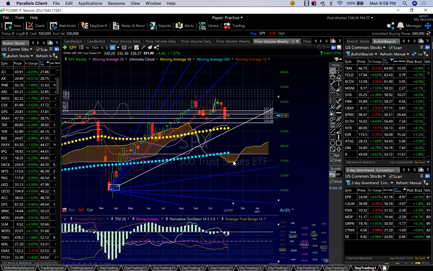As we all know, lead span B is a 52-bar price, whereas lead span A is an average of the conversion and baseline. So when this condition happens, it is bearish. That is why this week we might see a lot of bearish conditions.